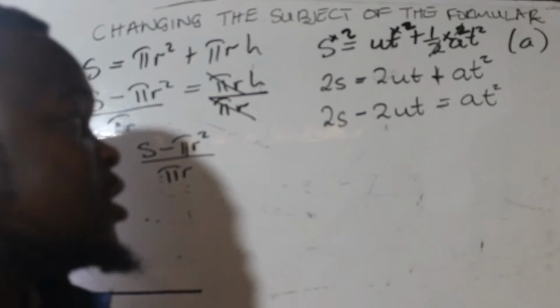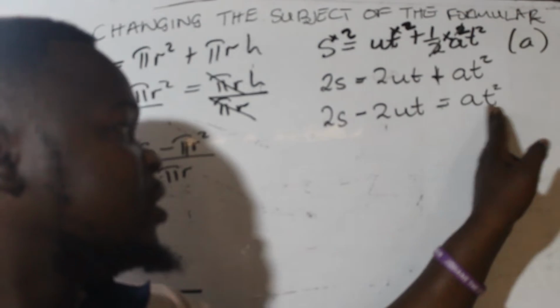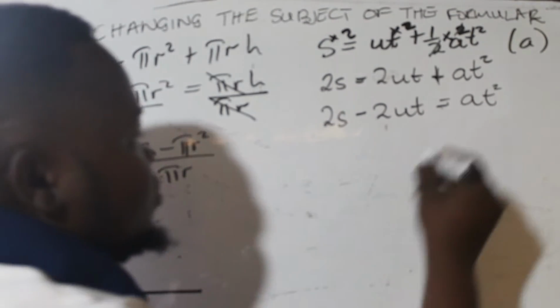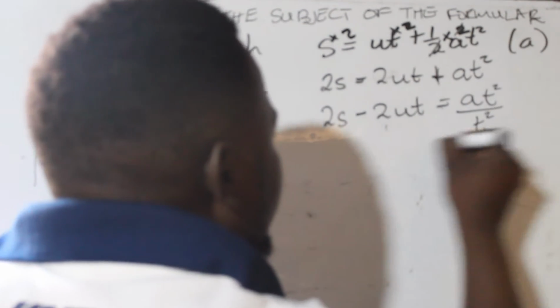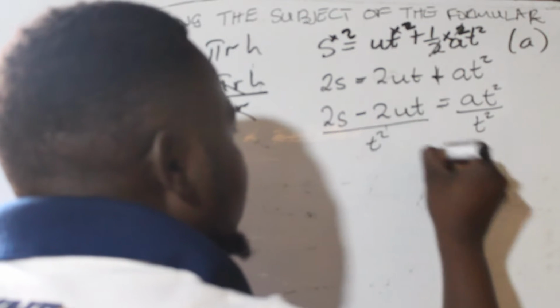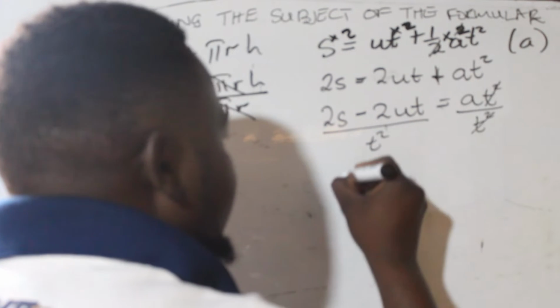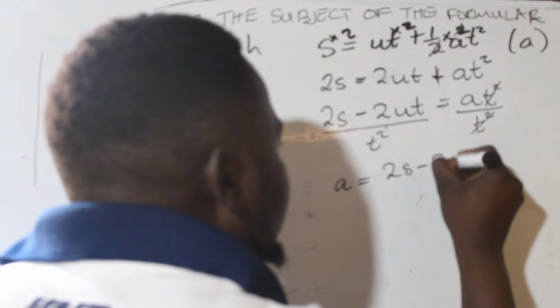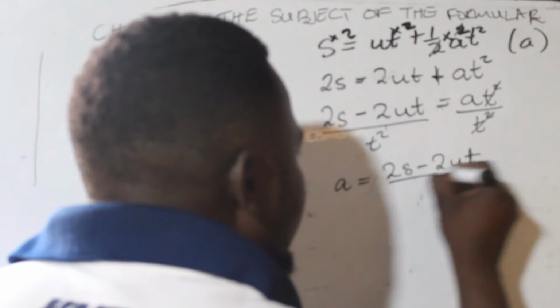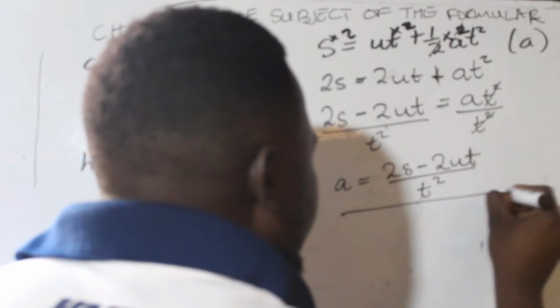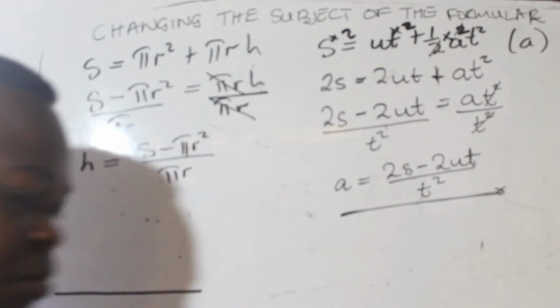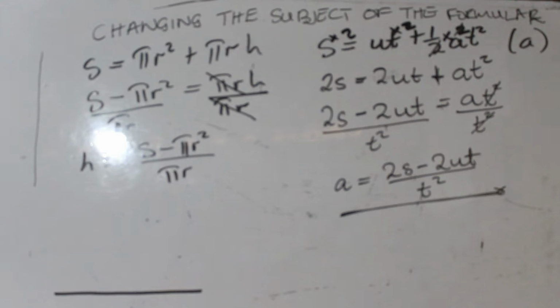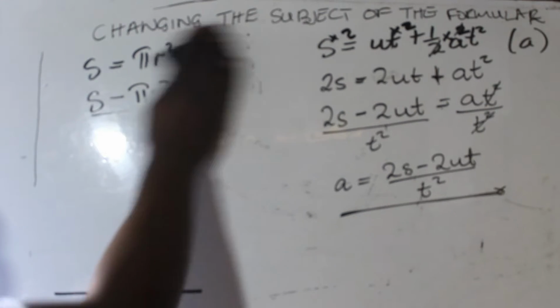To make a the subject, we divide both sides by t squared. t squared cancels. So our a is equals to 2s minus 2ut over t squared. Thus we have made a the subject of the formula.